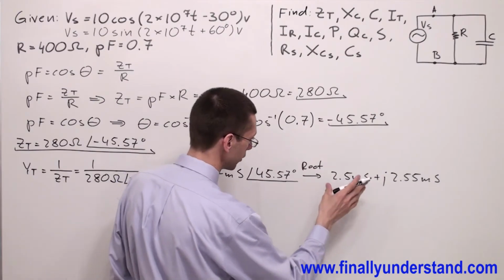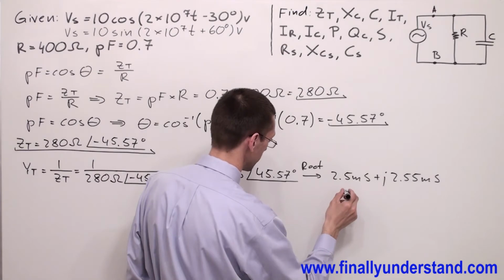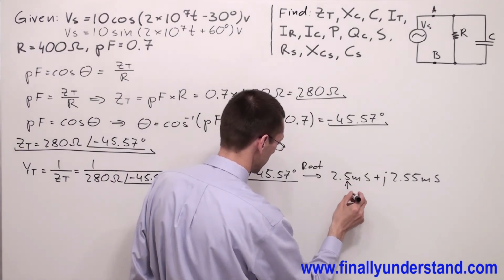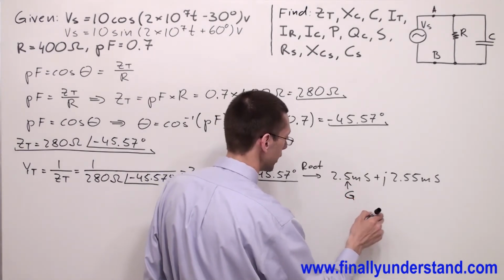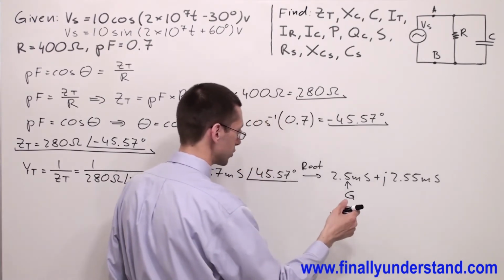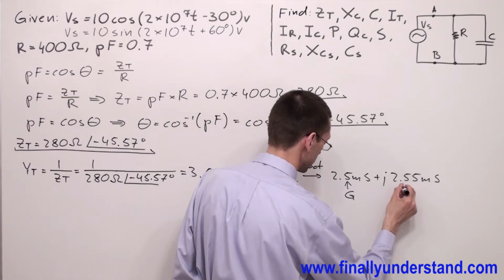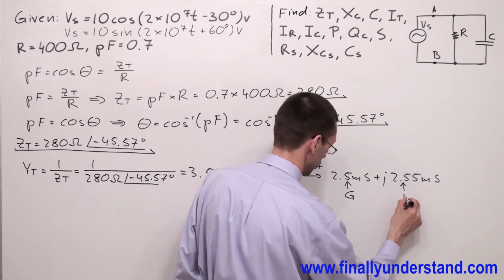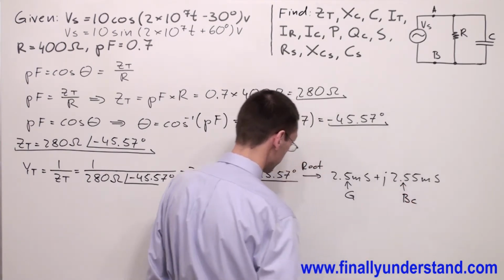The real part of my complex number is the conductance, G, and the imaginary part is nothing else, just the capacitive susceptance, BC.